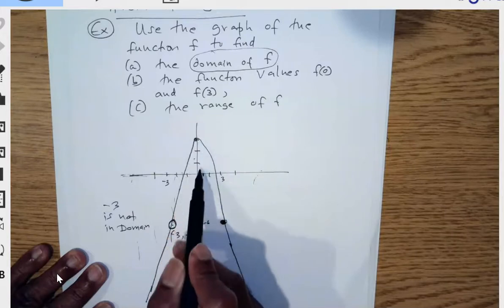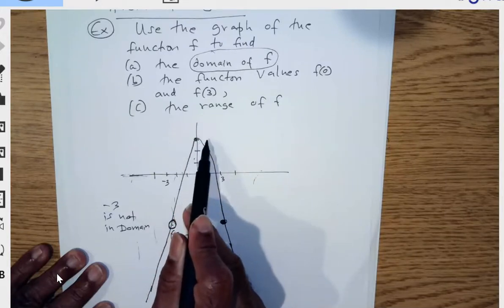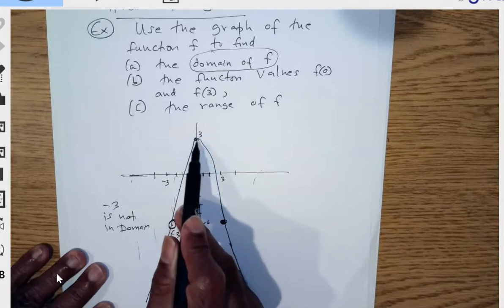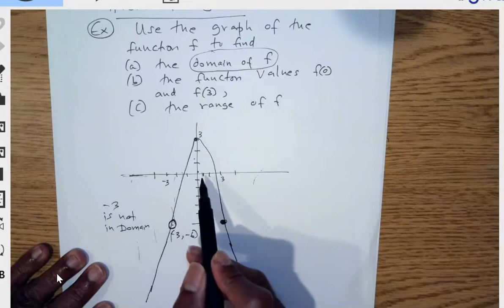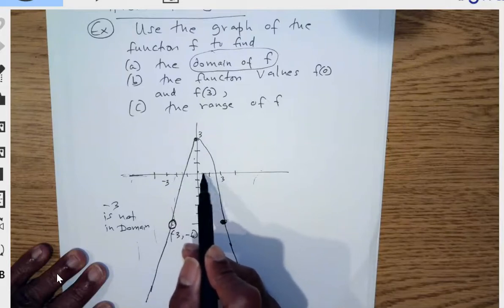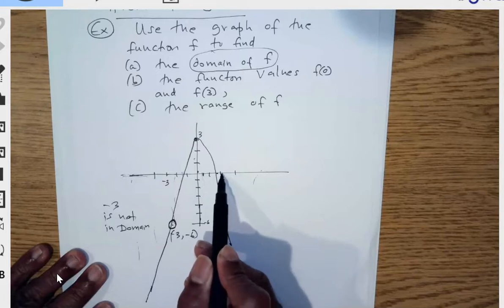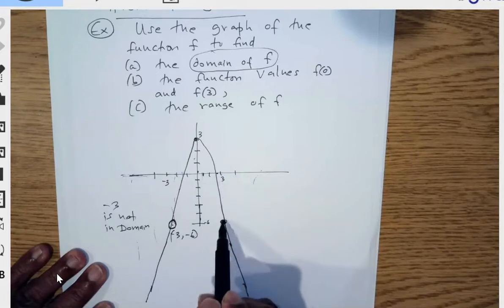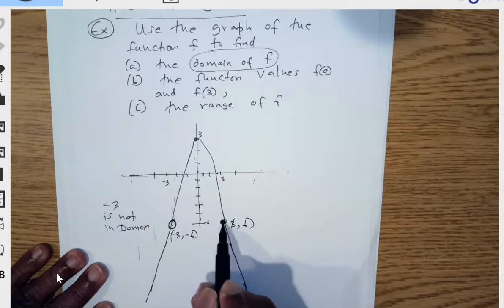And what about 0? Is it mapped? Yes, because 0 is mapped to this point, 3, and there's a shaded oval there. Now if you go to 1, 2, and then 3, we look for that point again, but this time it is mapped because (3, -6) is shaded.